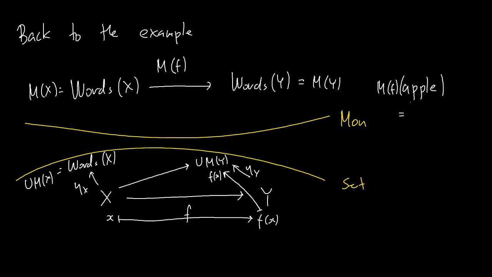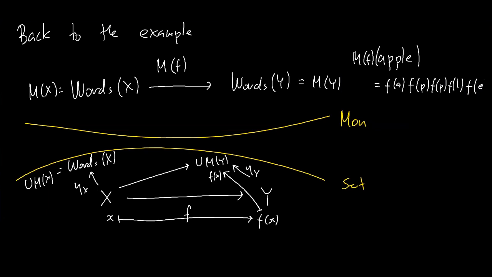And then we can describe this to be the word consisting of the letters F of A, F of P, F of P, F of L, and F of E. So you take a word, you replace every letter with the letter in the other alphabet, and you get the resulting word. And that process is a functor, which we have now proved in the general case. And since we proved it in the general case, it also works in a special case.